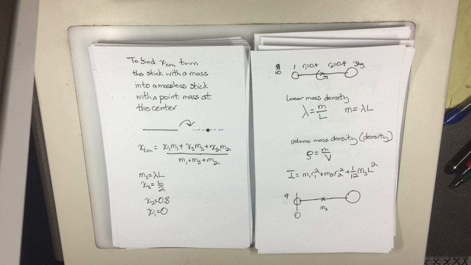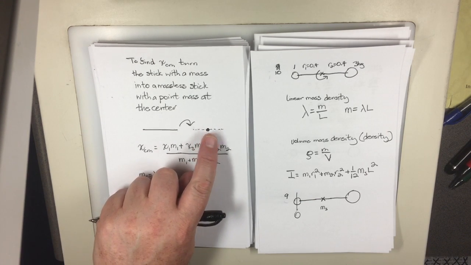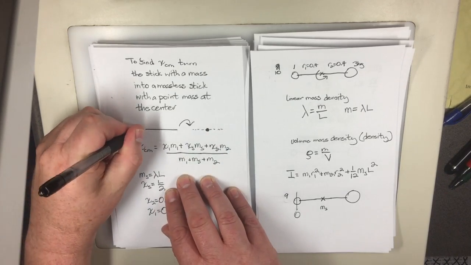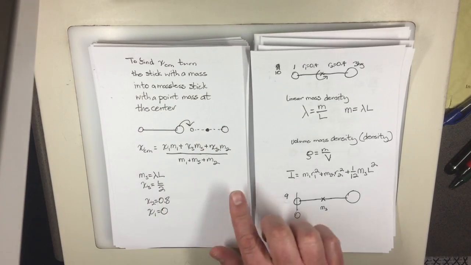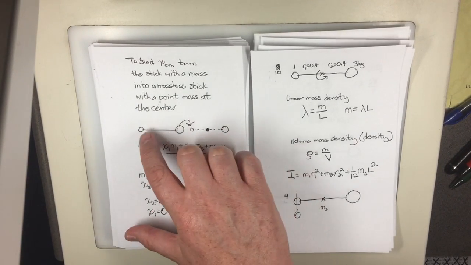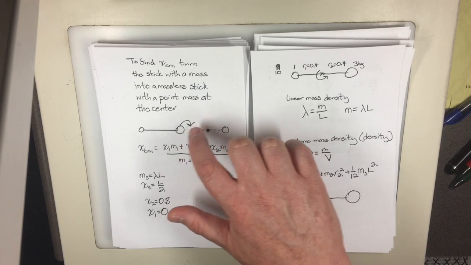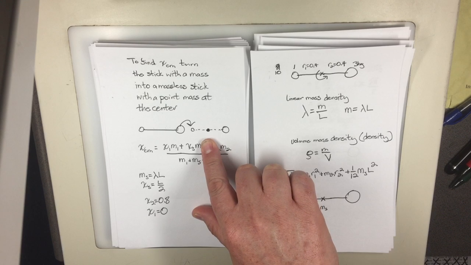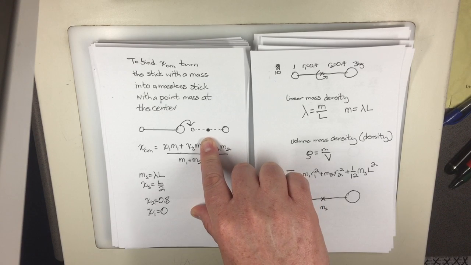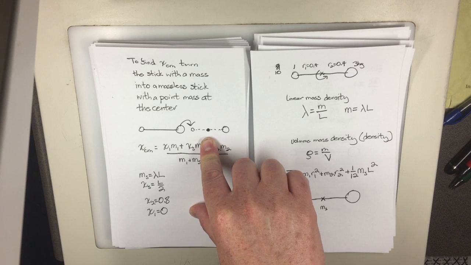Now, when you're working with moment of inertia, it gets a little bit different. But for just figuring out where the center of mass is, you can change that stick and two masses into two masses, a massless stick, and a third mass that coincidentally has the mass of the stick from the previous part.